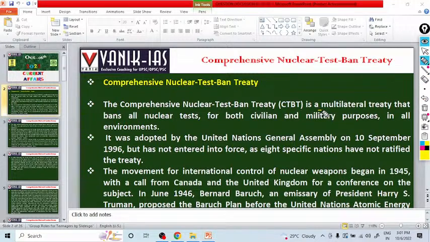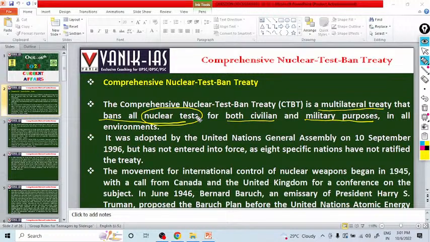It is a multilateral treaty. What is the subject? It bans nuclear tests, for both civilian and military purposes. So any sort of nuclear test, whether for civilian or military purposes, is banned under this treaty.